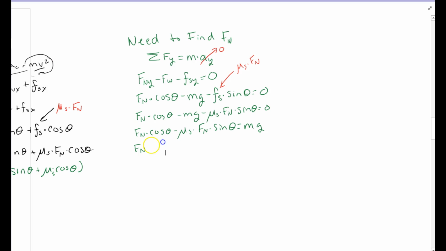Now we divide away the cosine theta minus mu s sine theta from both sides. That gives us the normal force Fn on its own, and it looks like this.